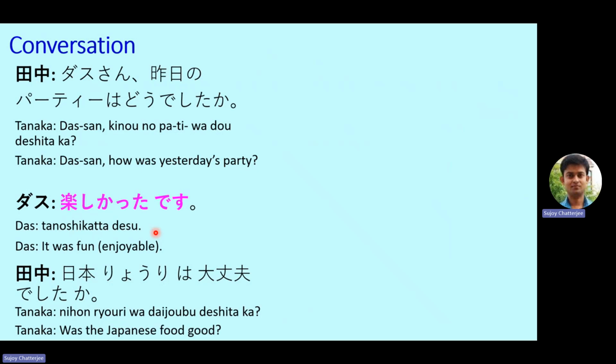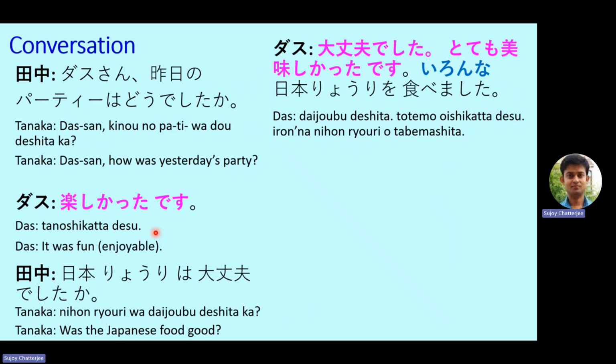That means, was the Japanese food good? All these things we have studied earlier, ryori, daijoubu. So I'm not going to repeat all those in this lesson. If you have been following the lessons in serial order, then you already know these aspects. So we will concentrate more on the adjectives part in this lesson.